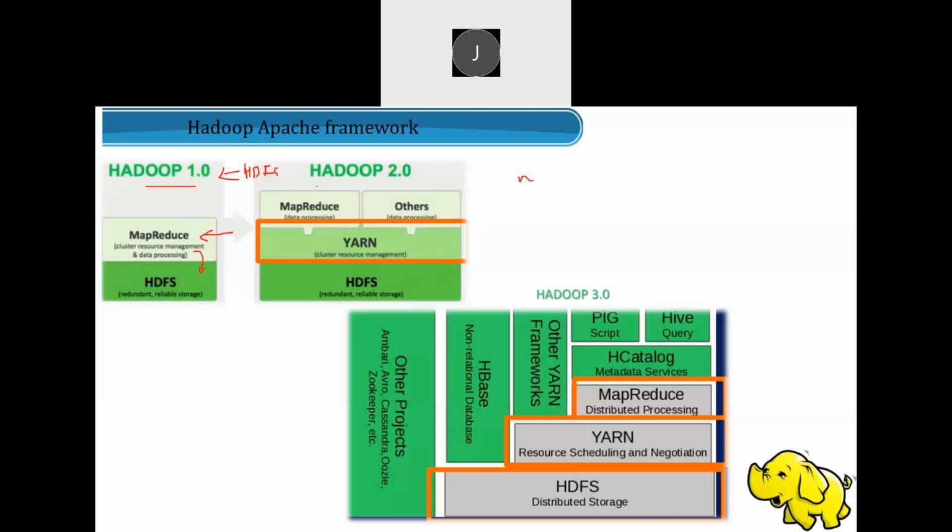After that, the evolution was Hadoop 2.0. In that they have YARN. YARN is a resource manager, in the sense it manages your HDFS. It's a management one. Later on we will see in detail what this YARN is.